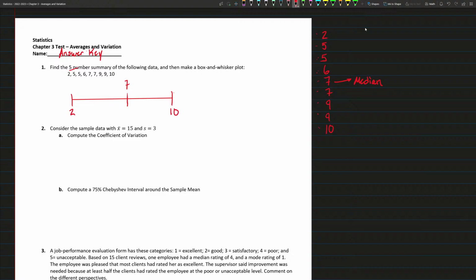And what we need to do is find the first and third quartiles. So if we split this up, 9 pieces of data divided by 4, that's 25%. That's 2 and a little extra, so our data piece would be right about here. So that's going to be 5, because 25% of our data is 5 or below.